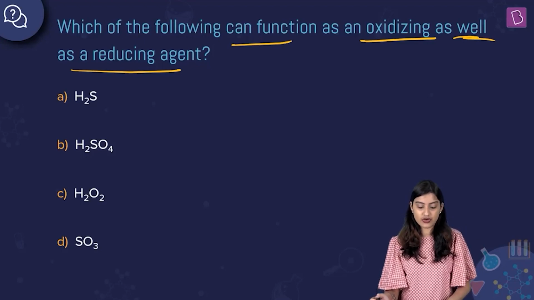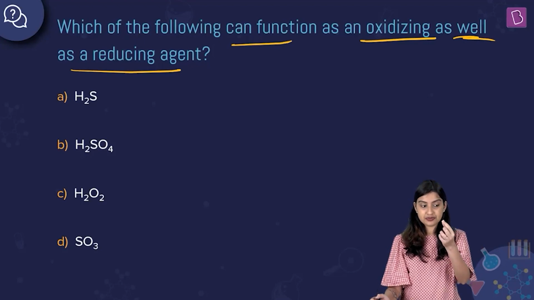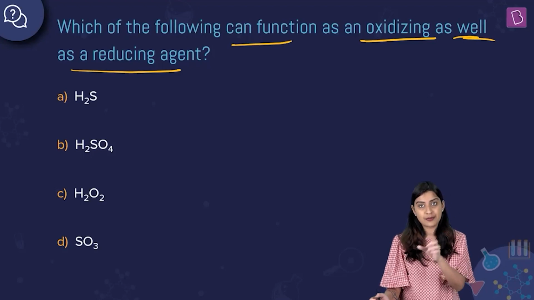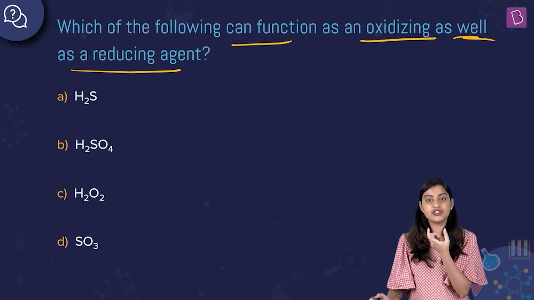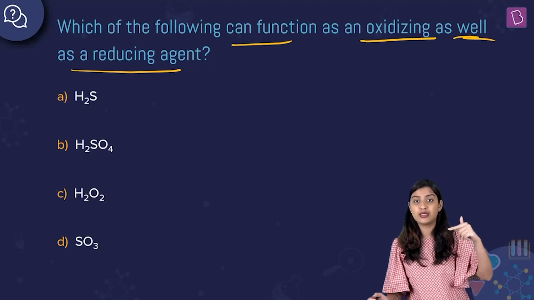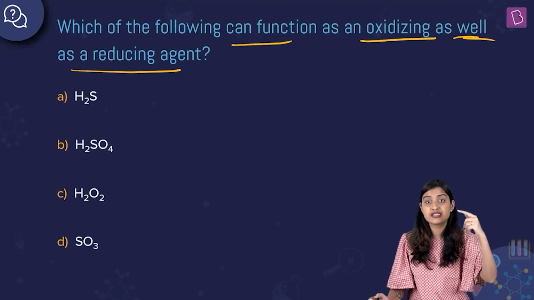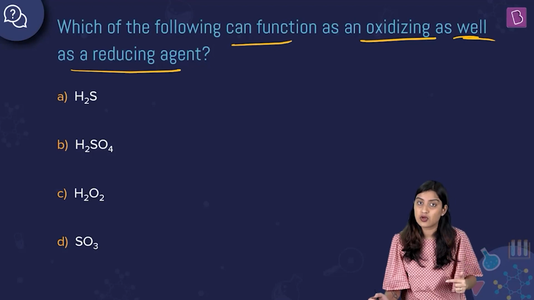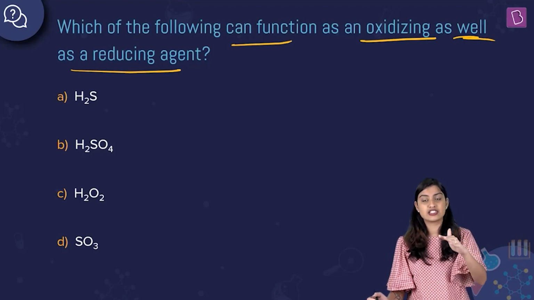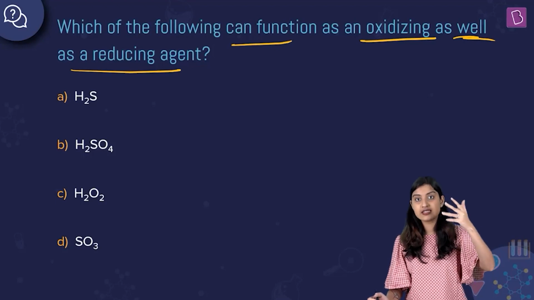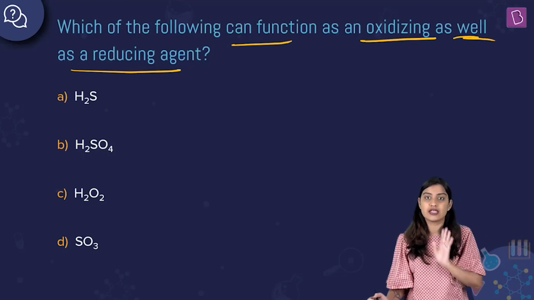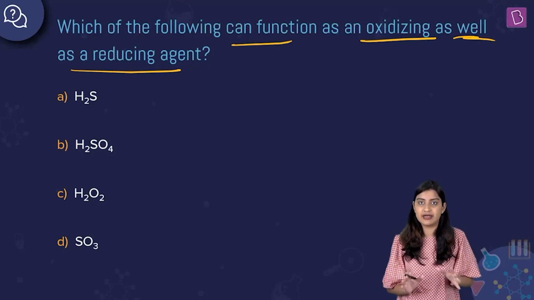You need to ensure that at least one element in that molecule is in an intermediate oxidation state. You don't want it to be in the highest possible or the lowest possible oxidation state. It should be at an intermediate oxidation state such that it can get oxidized and act as a reducing agent, or it can get reduced and act as an oxidizing agent. You need this fundamental idea.